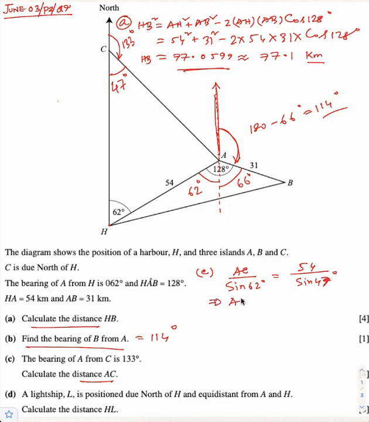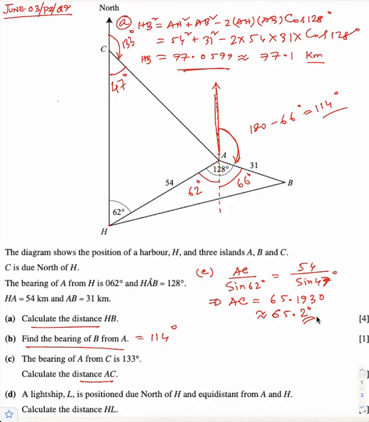From here we can find out AC. So 54 over sine 47 into sine 62, which is 65.1930, which in three significant figures is 65.2.